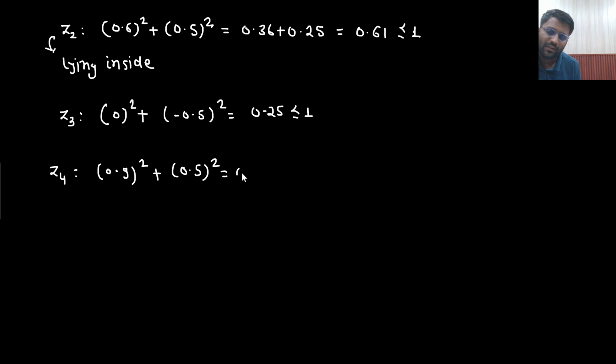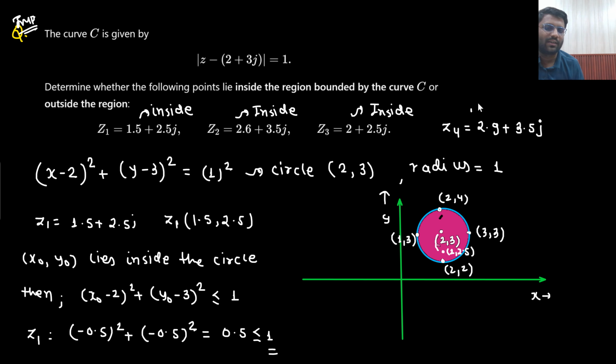What answer are you getting? 0.81 plus 0.25, that would be 1.06. Is it less than or greater than 1? It is greater than 1. That means it is lying outside. So this point is lying outside.